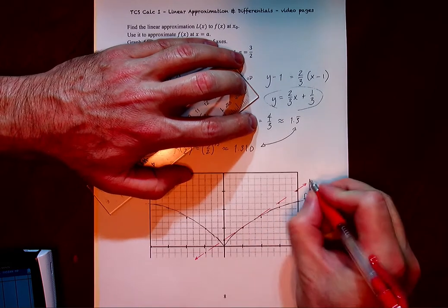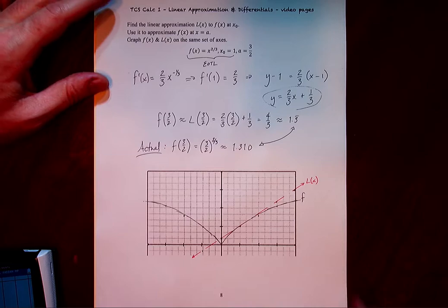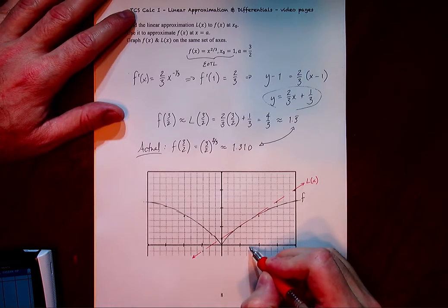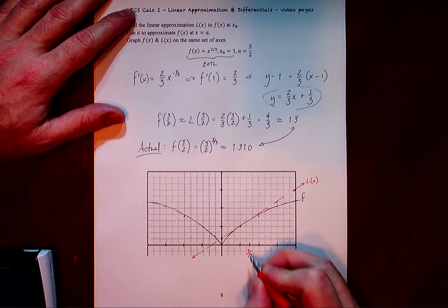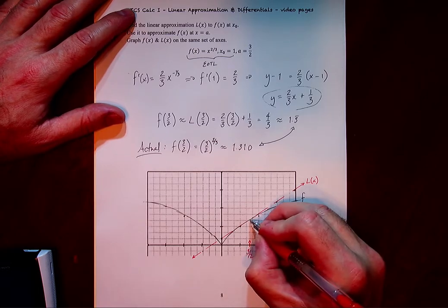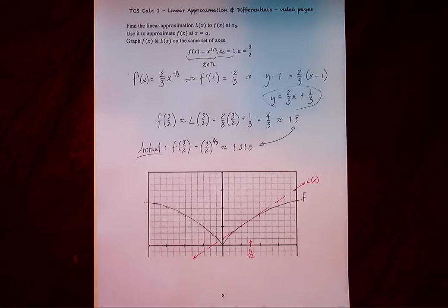That right there is your tangent line, L of x. Okay? And we can see that if we were to plug in right here at 3/2, that is where you're talking about. And on our graph, it actually looks almost indistinguishable, which is why the error right here is actually so good in terms of percentages.